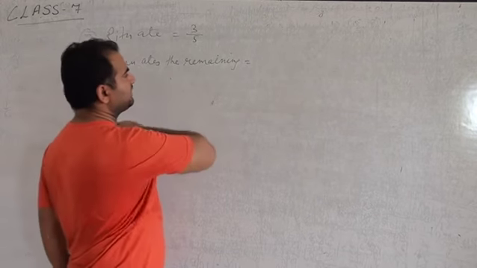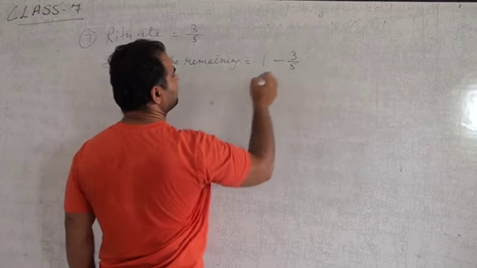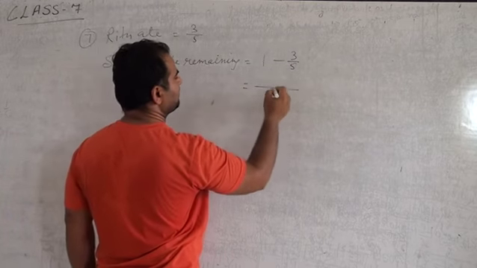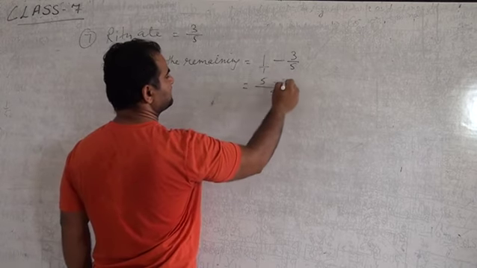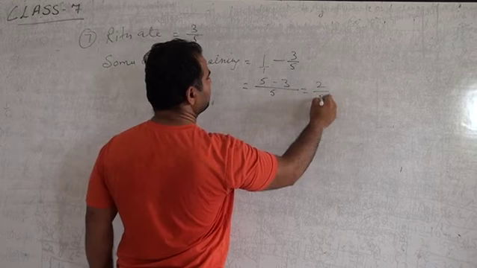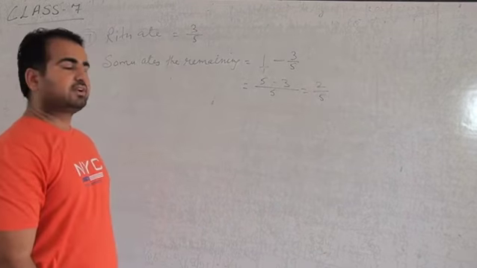So how much did Somu eat? Somu ate total minus 3 by 5. 5 is the LCM. It will be 5 minus 3, which is 2 by 5. So Somu ate 2 upon 5 parts of that apple.